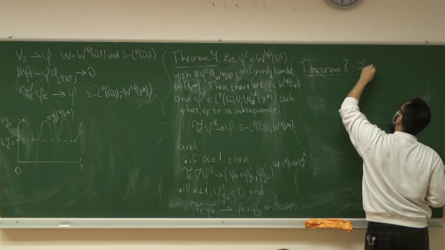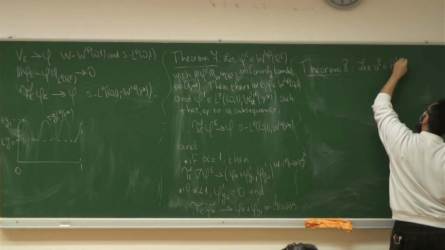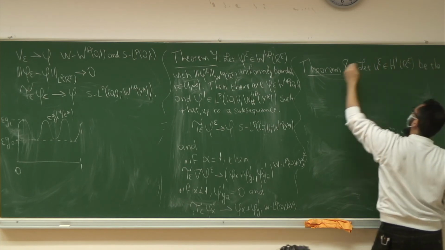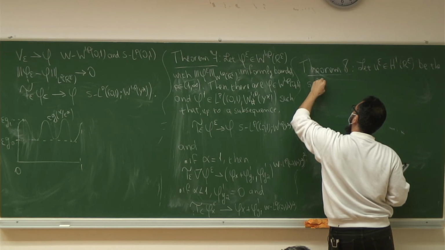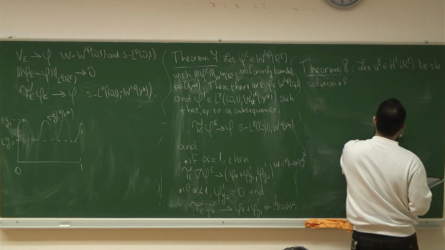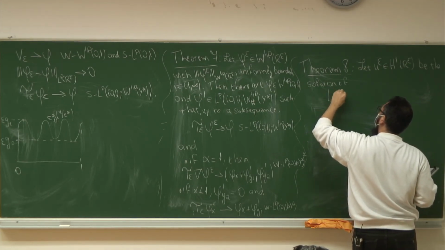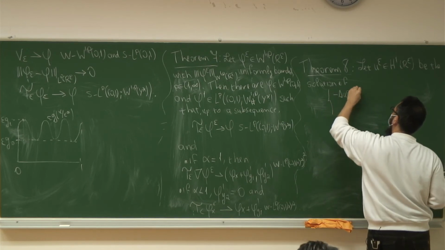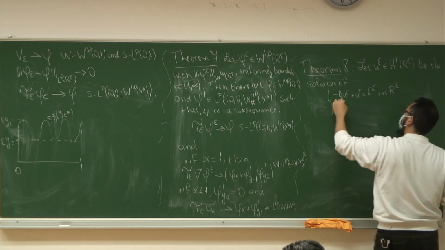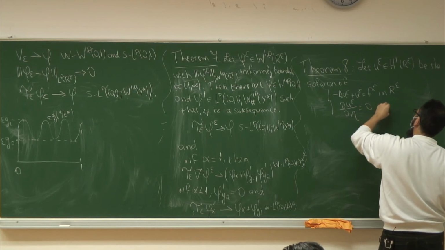So, let U epsilon in H1 be the solution of, I will rewrite it here to simplify, the Poisson equation, this reaction diffusion problem in R epsilon with the Neumann condition on the boundary.